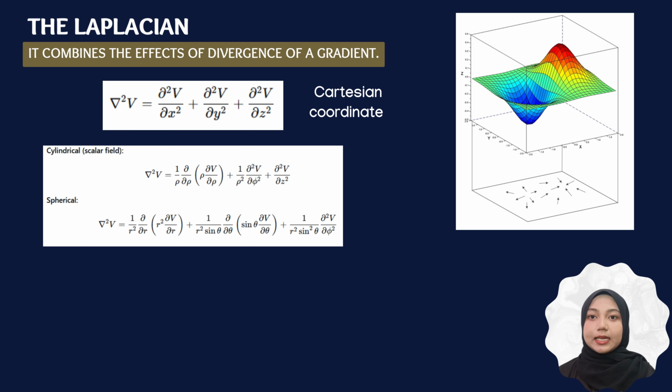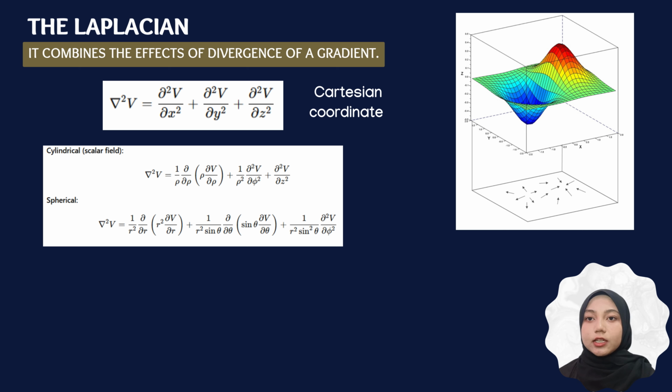The Laplacian is a second-order differential operator that combines the effect of the divergence of a gradient and is commonly used in electricity and magnetism to describe how a scalar field behaves in space. In Cartesian coordinates, it is expressed as the first formula shown in the slide.